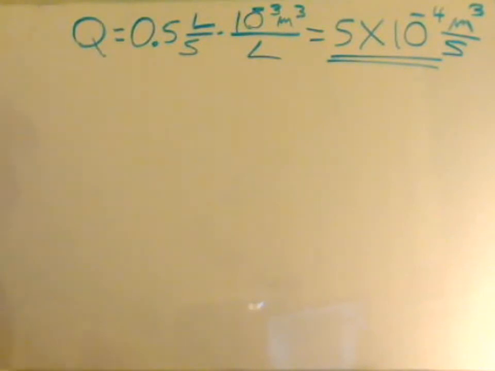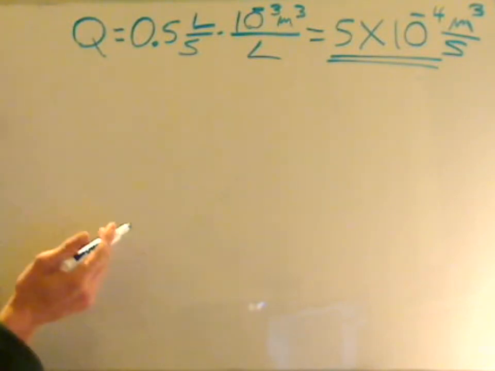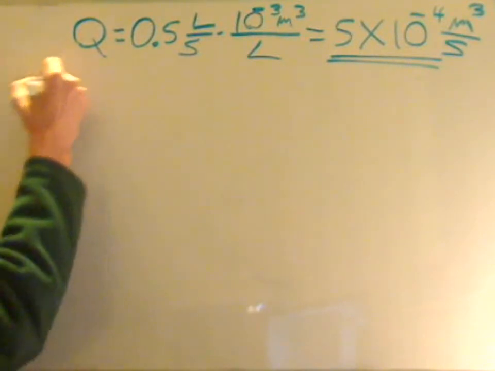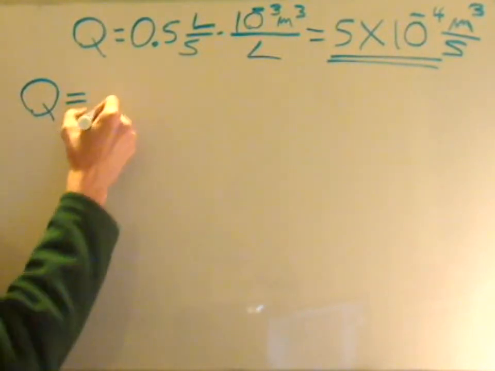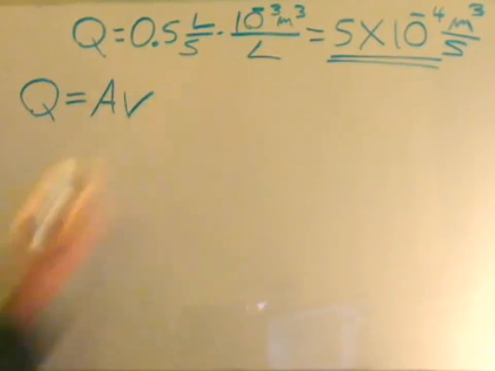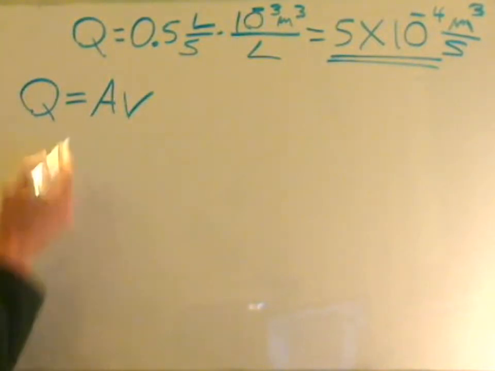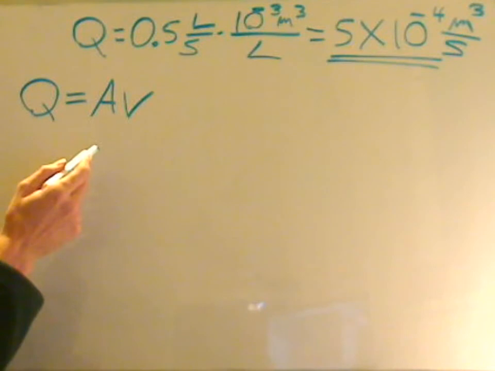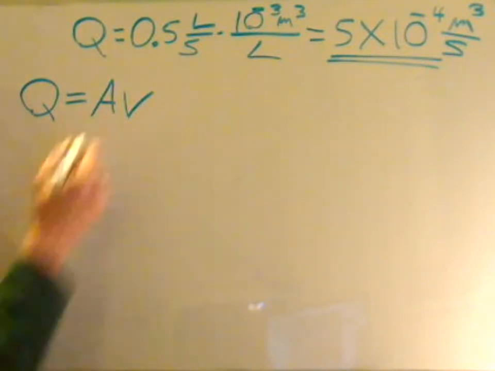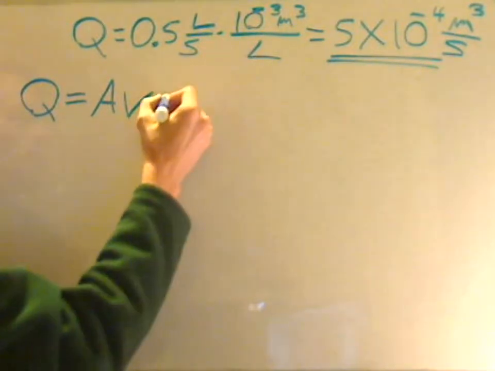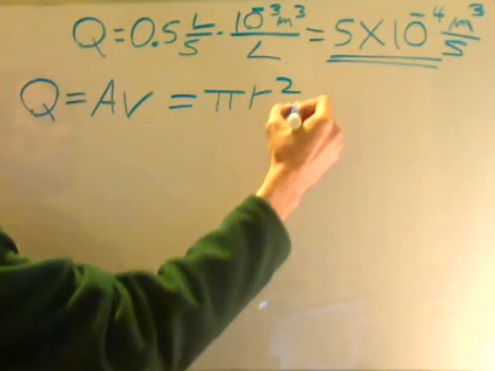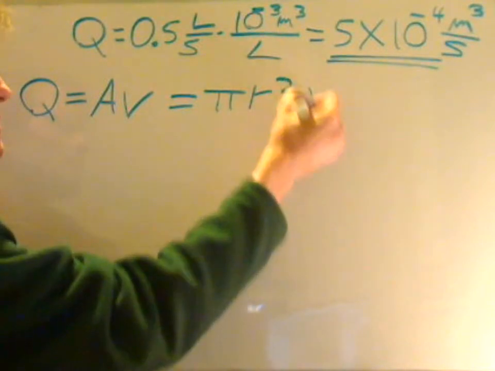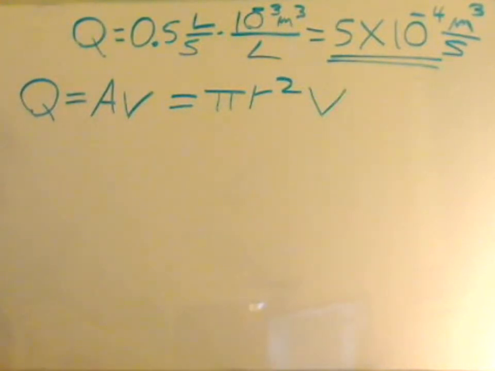Now, if we want to know what the velocities are in the hose and the nozzle, we have to relate the flow rate to the velocity. Flow rate is related to area, the cross-sectional area of a tube, and velocity by this expression. If this is a circular tube, like a hose or a nozzle, the area is pi times the radius of that tube squared, and then times velocity.